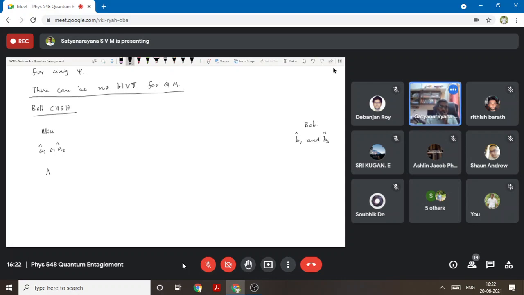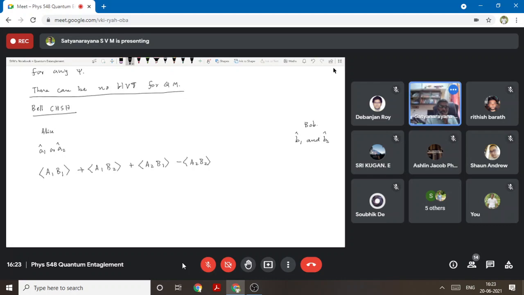I can have the correlation function A1, B1, plus the correlation function A1, B2, plus the correlation function A2, B1, minus the correlation function A2, B2.